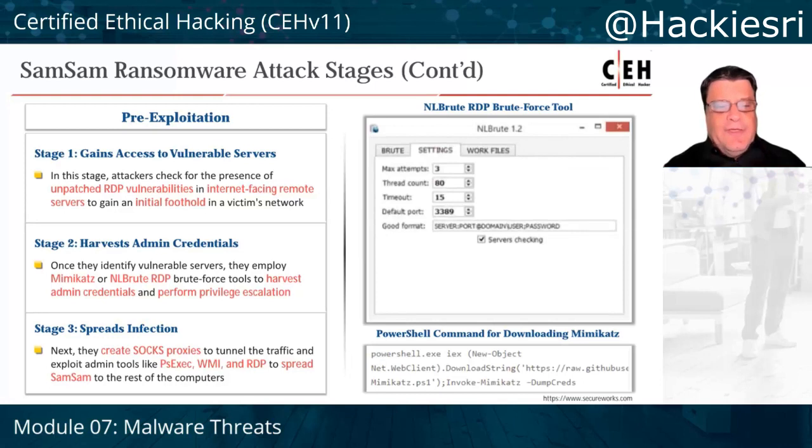In stage three, the infection is spread, such that next they create SOCKS proxies to tunnel the traffic and exploit admin tools like PSExec, WMI, and RPC to spread SamSam to the rest of the computers on the compromised network. On the right side, we see a caption of some of the readouts when this takes place. Especially notice the PowerShell command for downloading Mimikatz on the lower right caption.